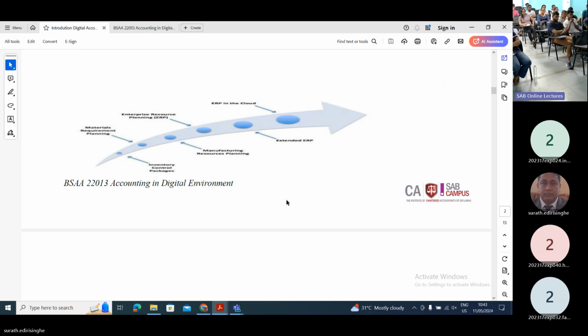This is the latest technology: ERP in the cloud. Cloud ERP means separate software managed by the ERP vendor, hosted on their server computer. If you get the license and permit to access the cloud computer with your username and password, you can do transactions and many different activities, and everything is saved in their cloud.